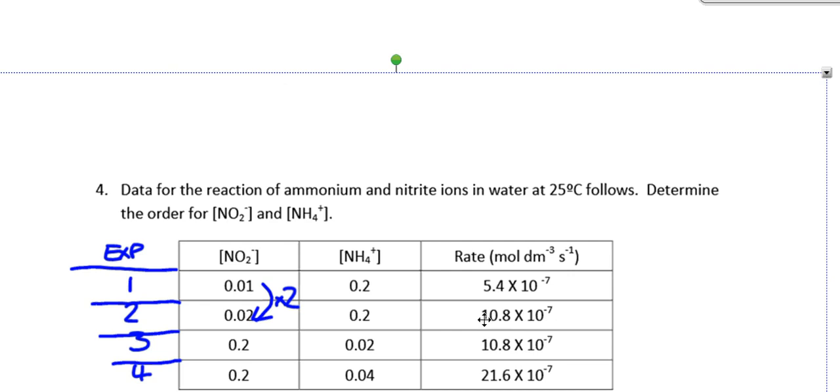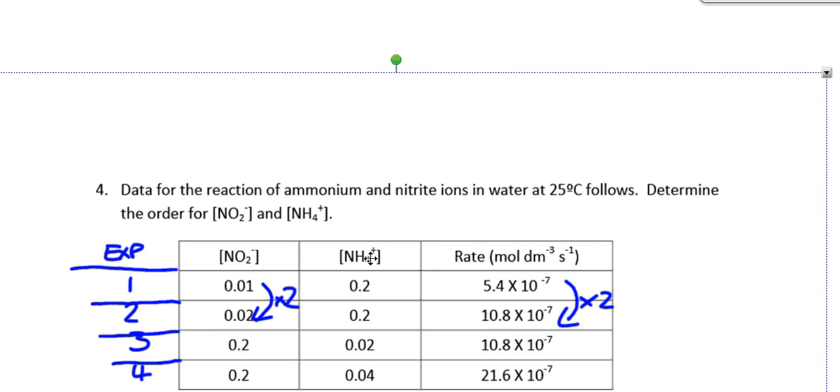Don't take my word for it. 10.8 divided by 5.4. That also should give you 2, meaning that 5.4 times 2 gives you 10.8. So here, again, we've got an increase of times 2. The rate has doubled. As the concentration doubles, the rate doubles. Therefore, with respect to NO2 minus, you have a first order reaction.